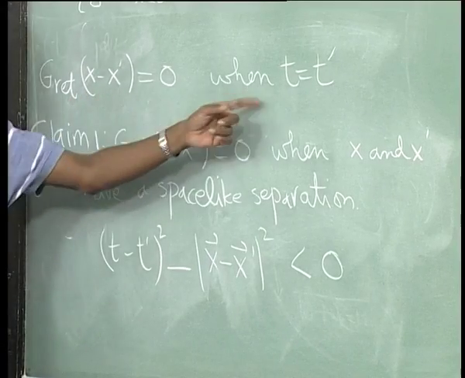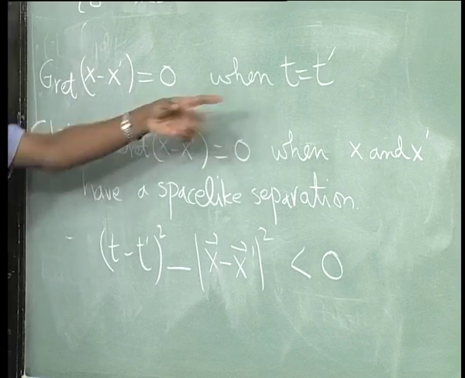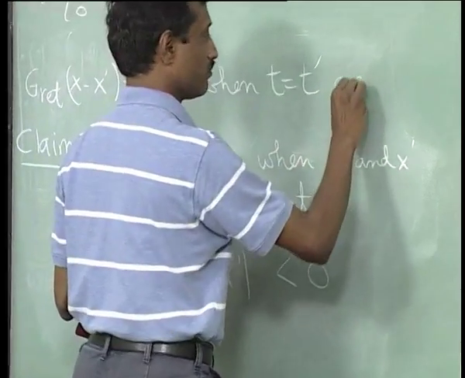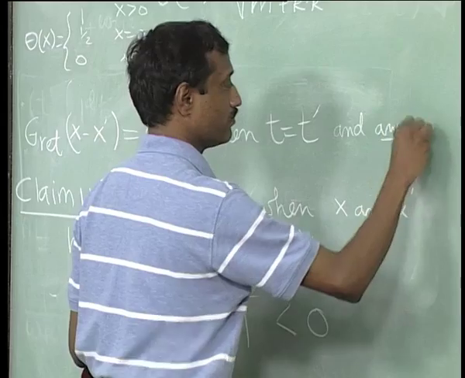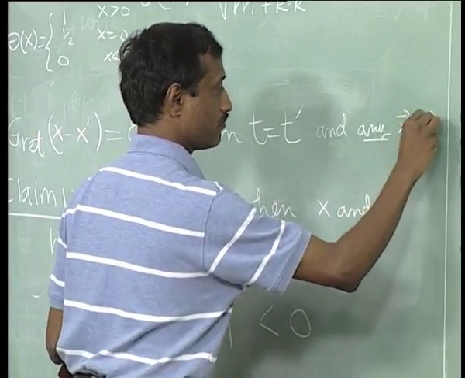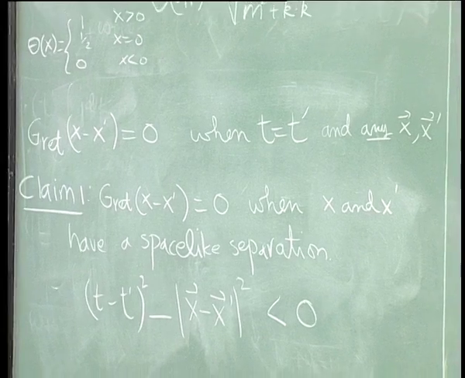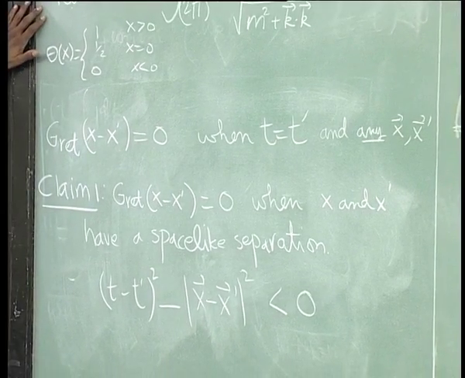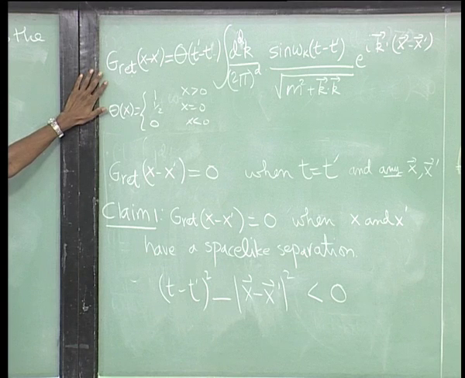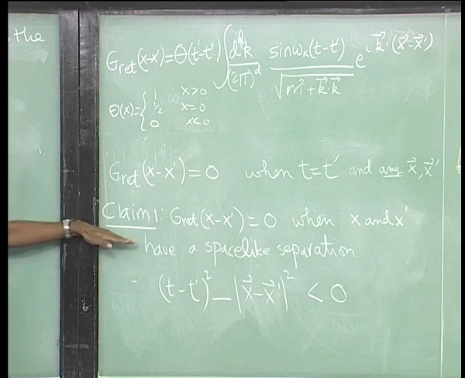I only proved this for any pair x, x prime. But the fact that this is a Lorentz scalar is what I am using, and the existence of a Lorentz transformation.